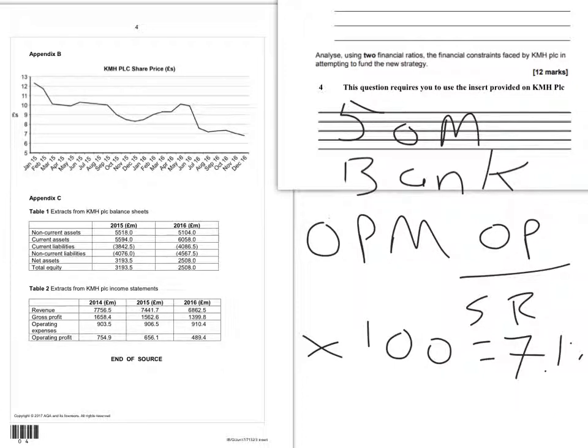I would say that 7.1% is quite low. It means that for every pound the customer spends, this business only gets to keep 7.1p of it. So you can argue and develop your point that the business might struggle to use retained profits simply because it's not turning revenue into high enough profit as it would need for the new strategy.